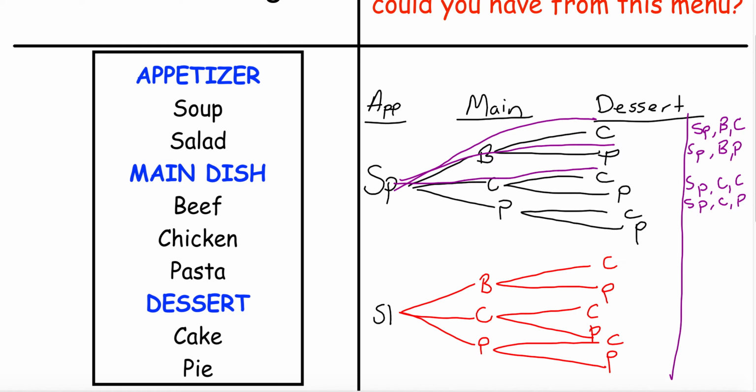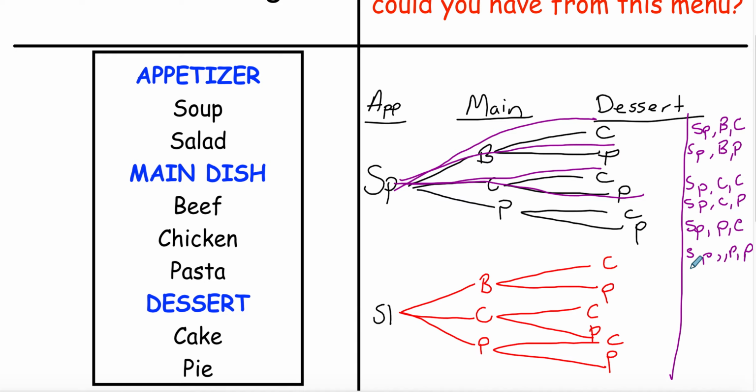I'm not going to keep doing this because it makes it messy and just takes a little bit longer. I could get soup, pasta, cake, or soup, pasta, pie. So notice I have 1, 2, 3, 4, 5, 6 different options in this case.